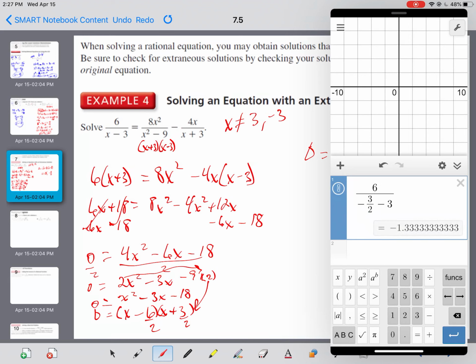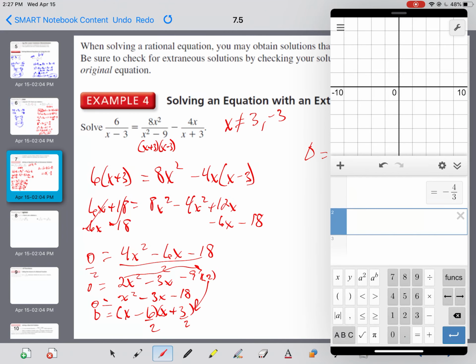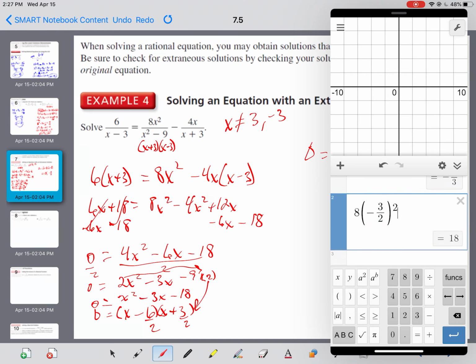Now, negative 3 over 2 should probably work. I'm going to do that one in the calculator. 6 divided by negative 3 over 2 minus 3 is negative 1 1/3. Oh, so negative 4/3.